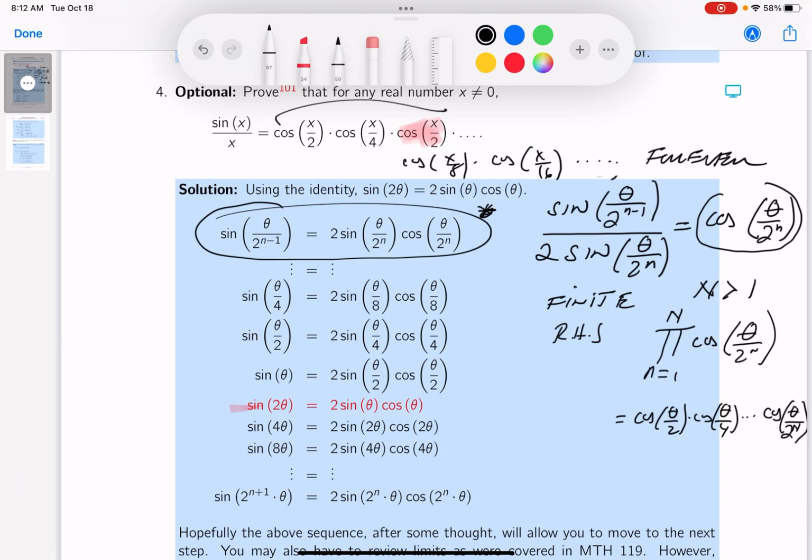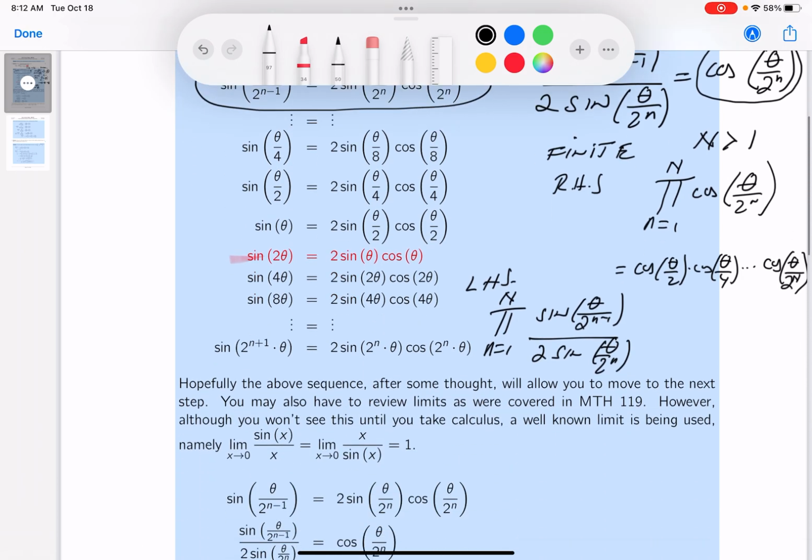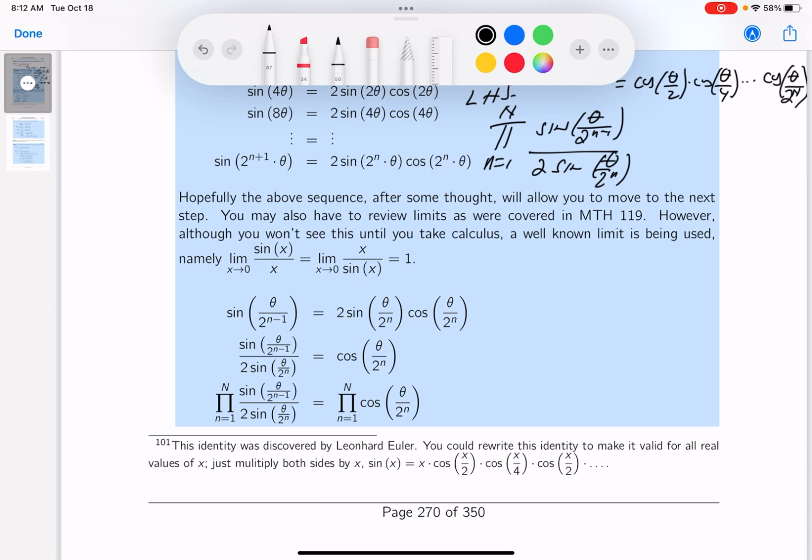Now let's do the left-hand side. So what am I doing? I'm doing the product now, n equals 1 up to big N, of sine theta over 2 to the n minus 1 over 2 sine theta over 2 to the little n. All right, let me see if I can write that down. It's really not that bad.